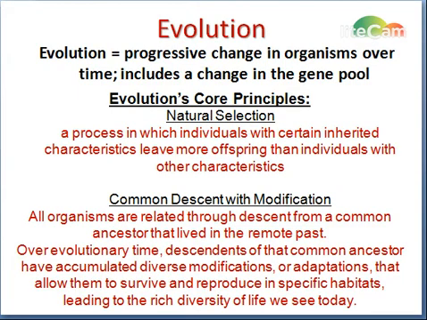So evolution, by definition then, is a progressive change in organisms over time, which includes a change in the gene pool. And the core principles of evolution are natural selection, which is a process in which individuals with certain inherited characteristics are going to leave more offspring than individuals with other characteristics because they survive due to whatever unique characteristics they have that gives them a better chance of survival.